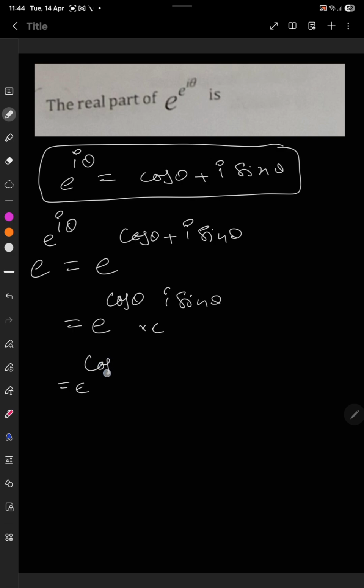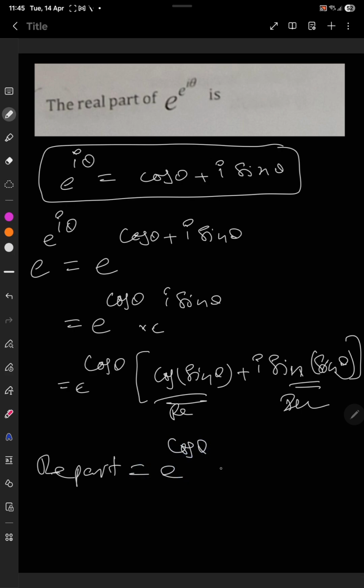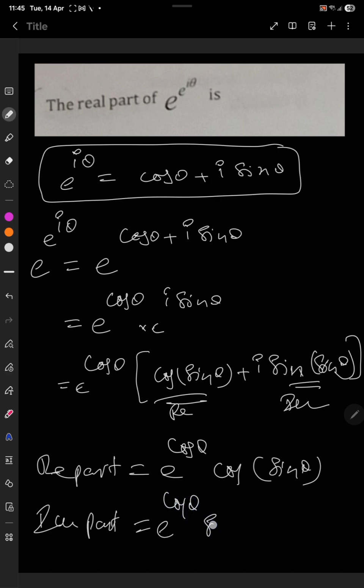Here theta is sin theta. So real part equal to e^(cos theta) cos(sin theta). Imaginary part e^(cos theta) sin(sin theta).